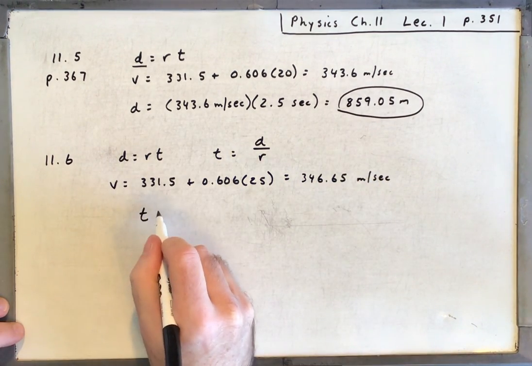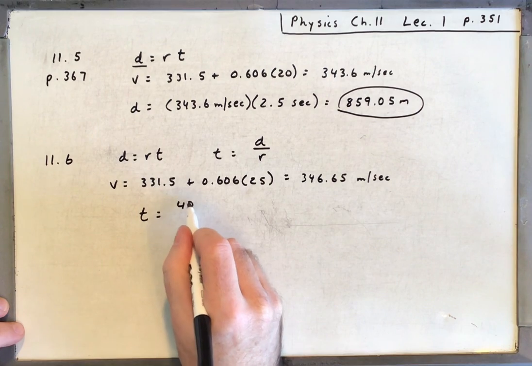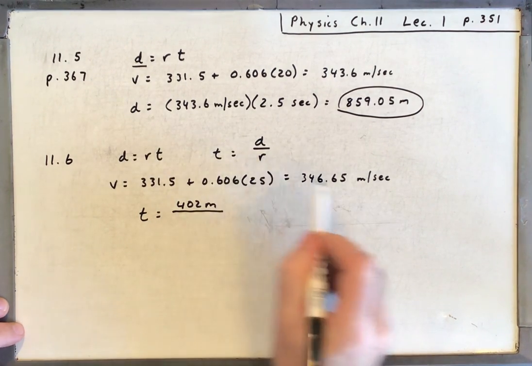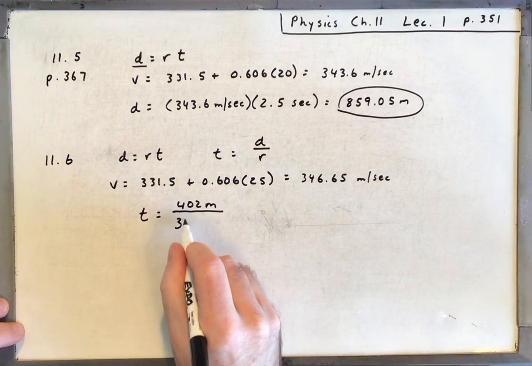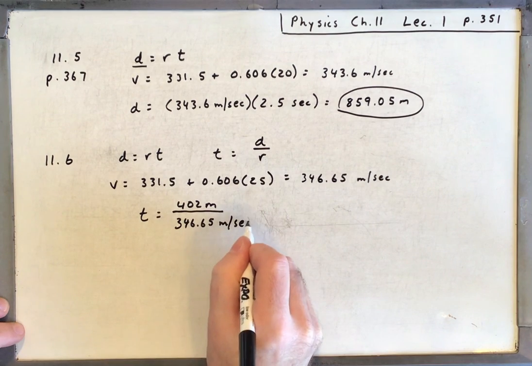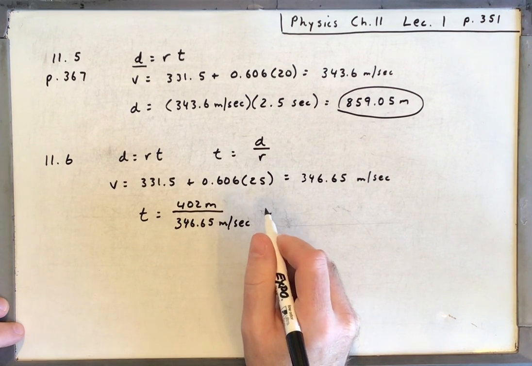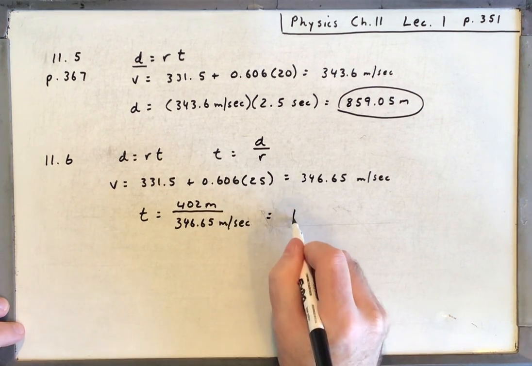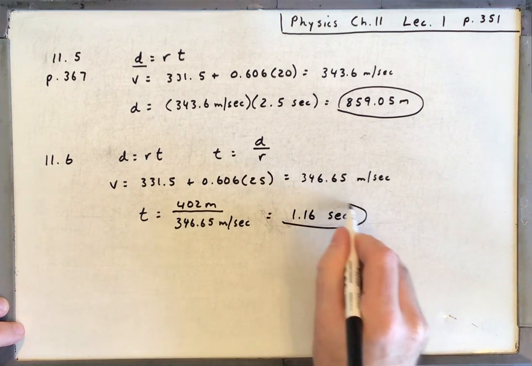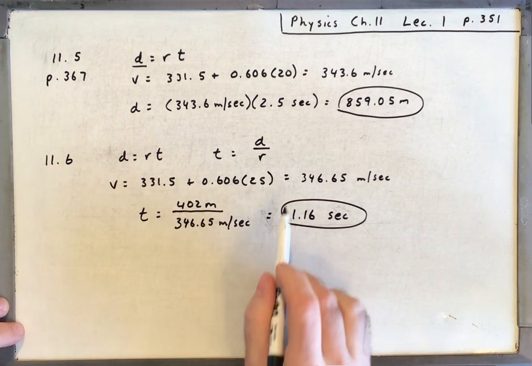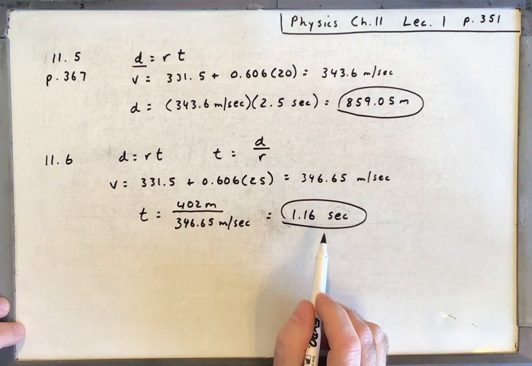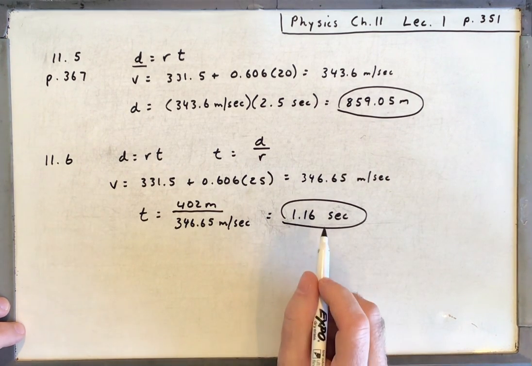And then time will be the distance, 402 meters, divided by the rate, 346.65 meters per second. So that gives us just a little over 1 second, 1.16 seconds. So you see the smoke from the pistol, but it takes a little time for the sound to get to you because sound travels a lot faster than light.